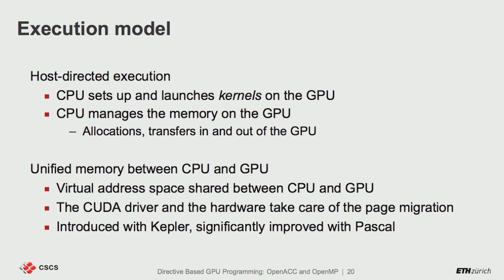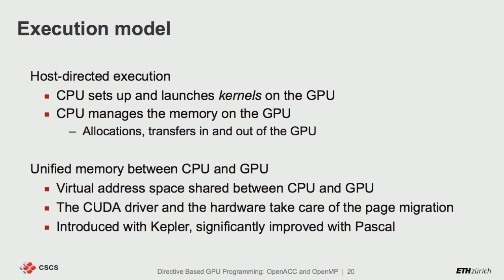However, since CUDA 6 and the Kepler architecture, there is also what we call unified memory. For those who used to program GPUs from the early days, I remember lots of papers in computer science about how we can virtualize the address space between CPU and GPU.